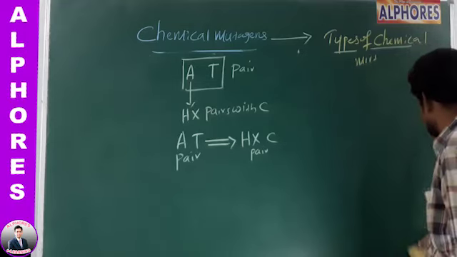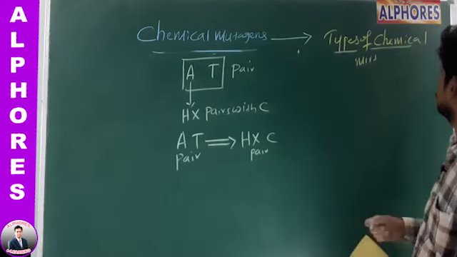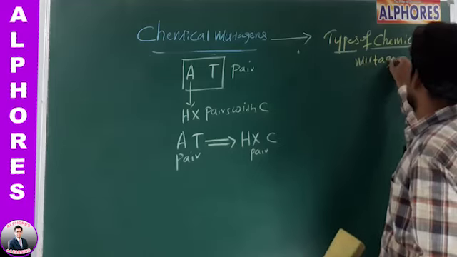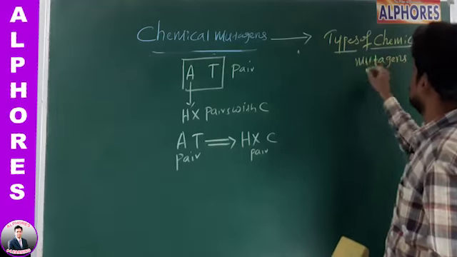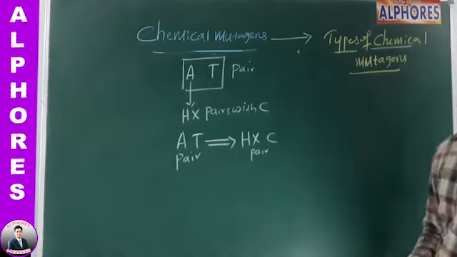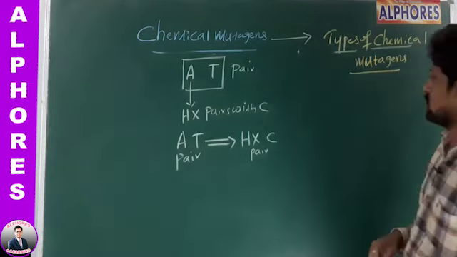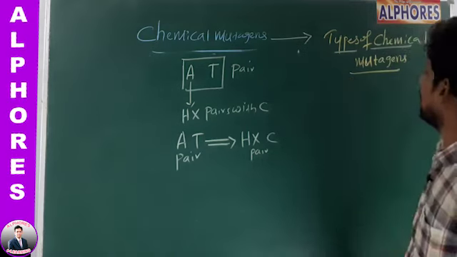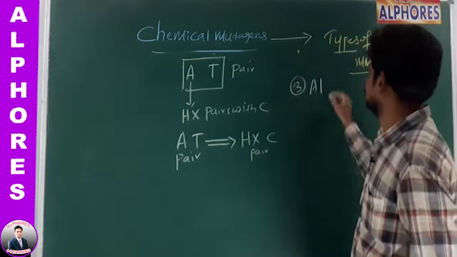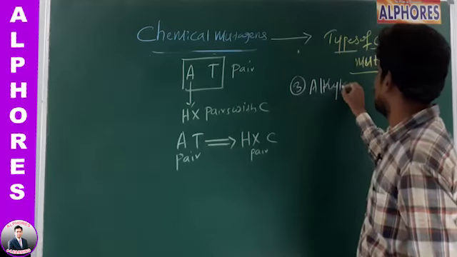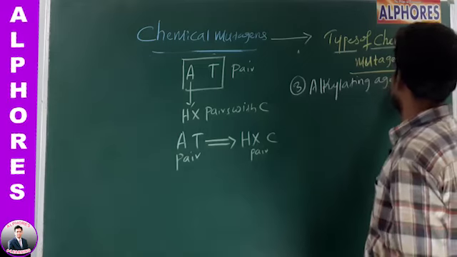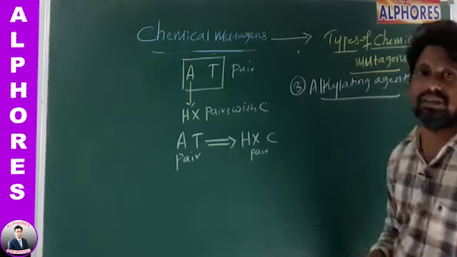Go for the third one of the chemical mutagens: alkylating agents.